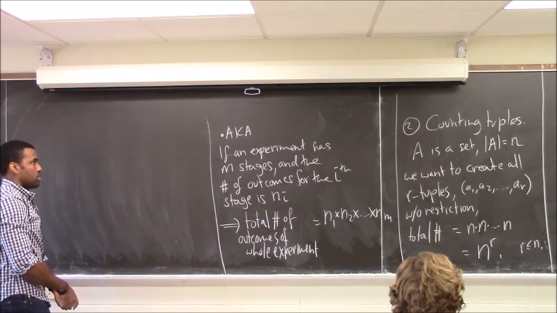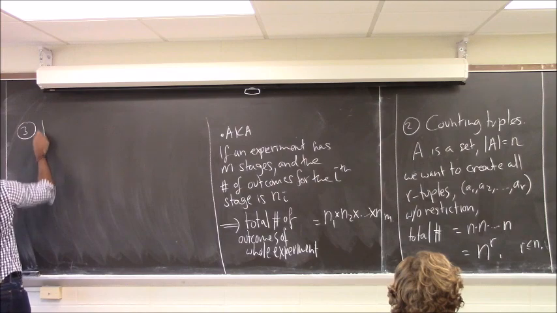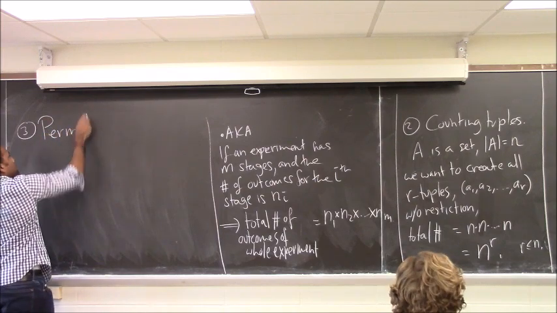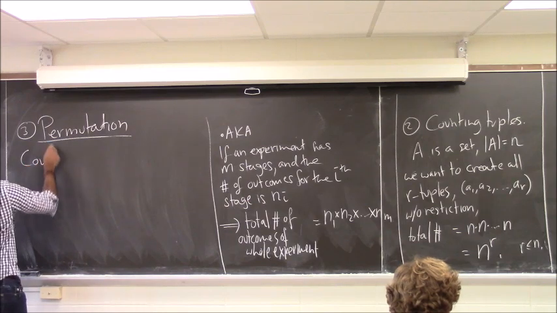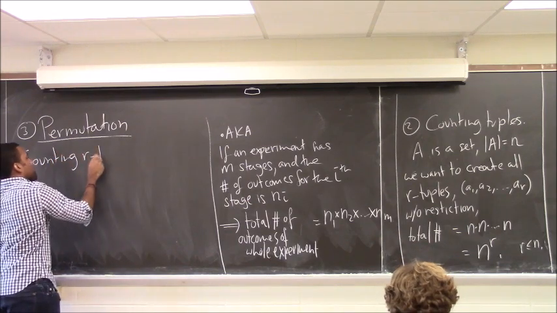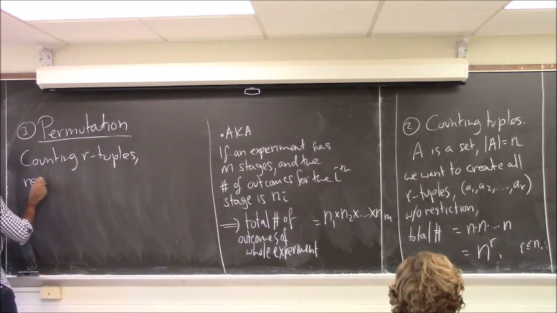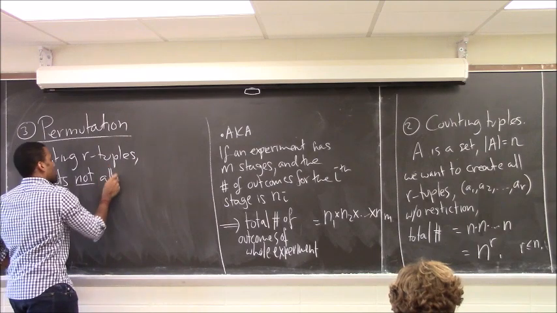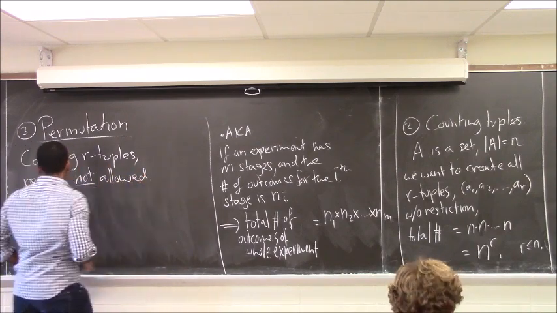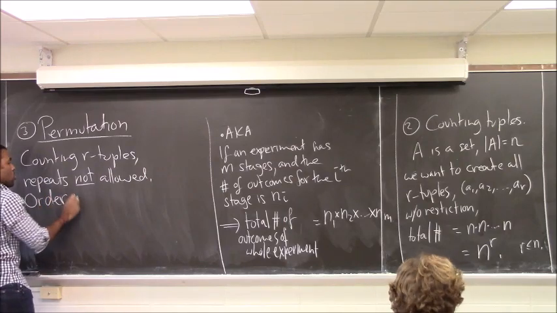And finally, we saw the idea of a permutation. This is counting tuples, but repeats not allowed. And of course, because we're counting tuples, I'll just re-emphasize here, order matters.